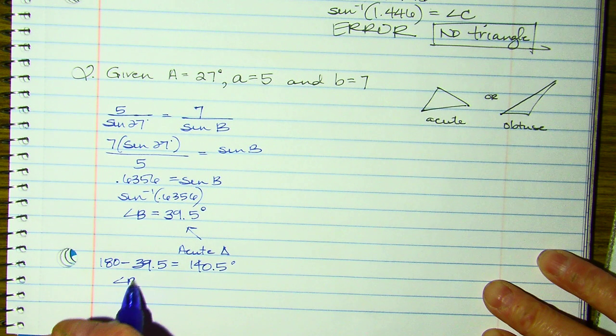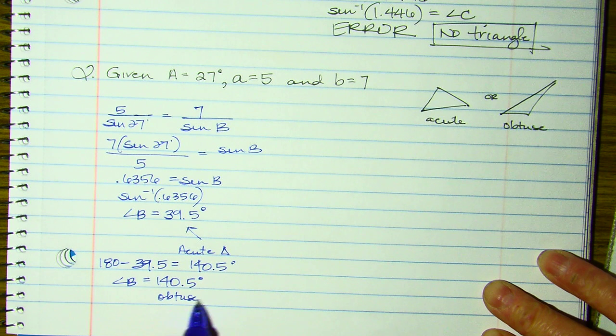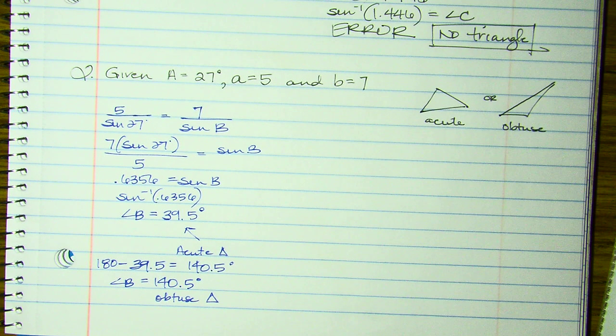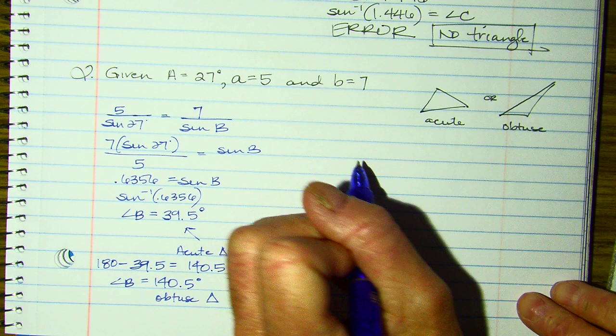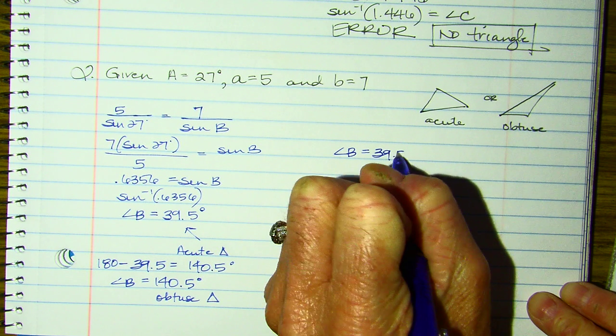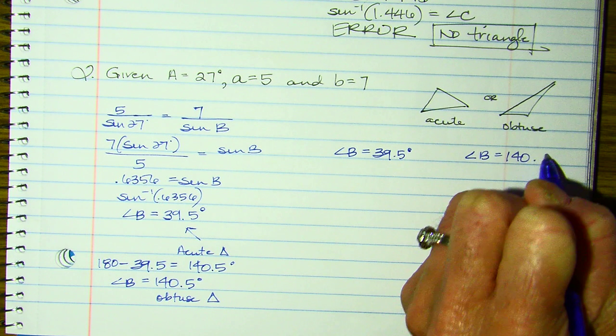So I have two possibilities for angle B. This would be in the obtuse triangle. So I have to find my dimensions for both scenarios. So angle B equals 39.5 degrees, and what if angle B equals 140.5 degrees?